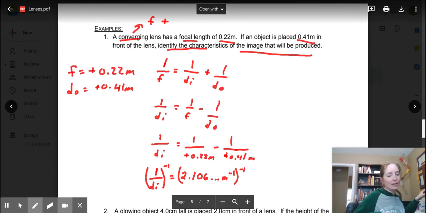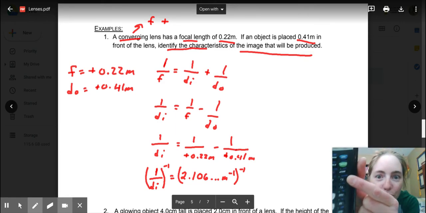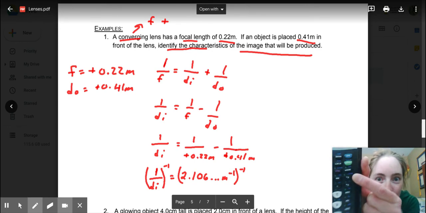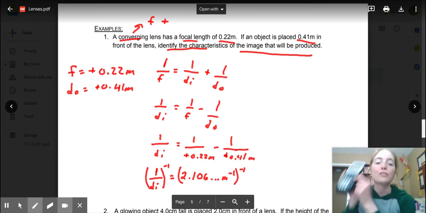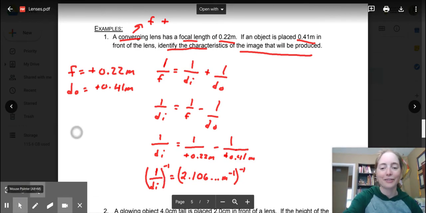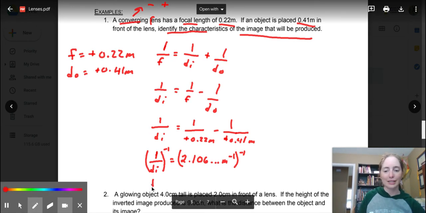On your calculators, you see this power -1 button right there. That button, ladies and gentlemen, is what you're going to hit as this last step. Don't forget about this. Don't forget that last step. That's super, super important.